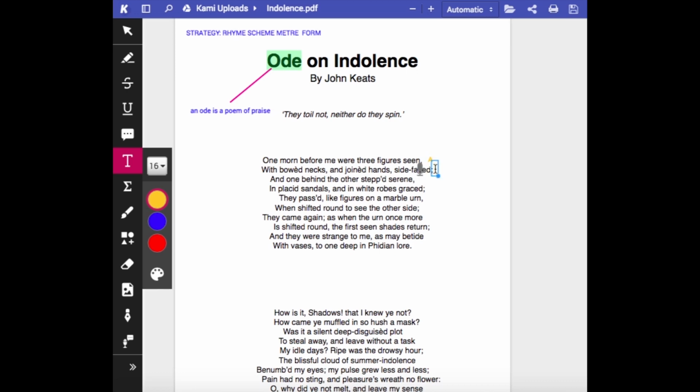So if we look at the rhyme scheme on this first stanza, we can see it goes A, B, A, B again, then it'll be C, D, and following. This is how we annotate poems' rhyme schemes, just using the alphabet in order. So the first rhyme is A, the second is B, and so on and so forth.